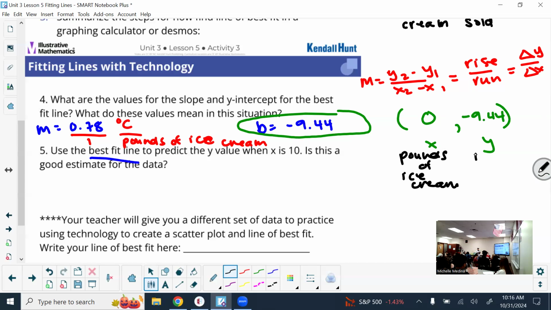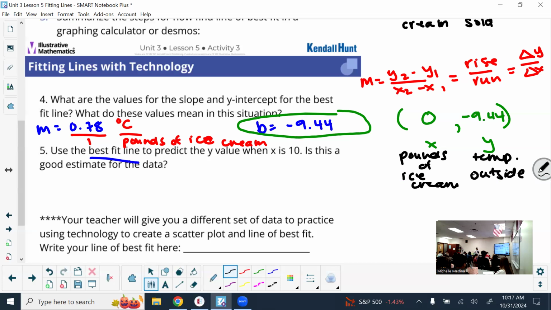Y was your temperature outside. So when it says, what does the y-intercept mean in terms of the situation? You say, this was the temperature outside when 0 pounds of ice cream were sold. Mention both again. It's always whenever x was 0.